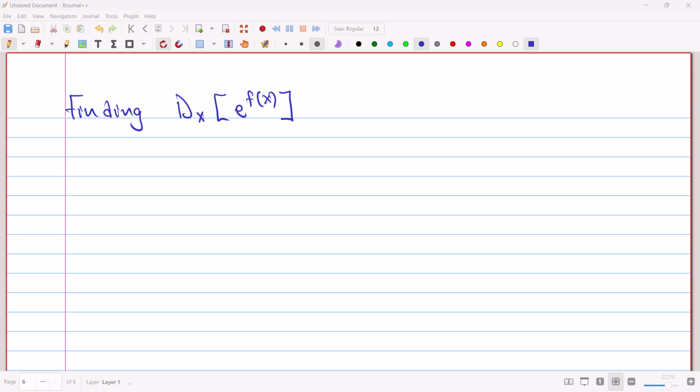So we want to learn about the rules that can be used to differentiate such functions, or the process as to how exactly you differentiate a function like that, which is exponential, and the base is specifically base e, not just any real number. So we're going to look later at how to differentiate an exponential whose base is just an arbitrary positive real number. For now, we just want to focus on these types of functions.